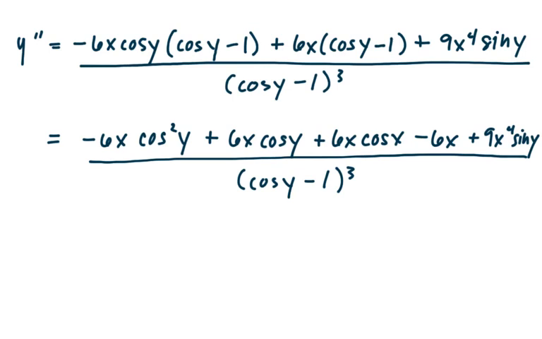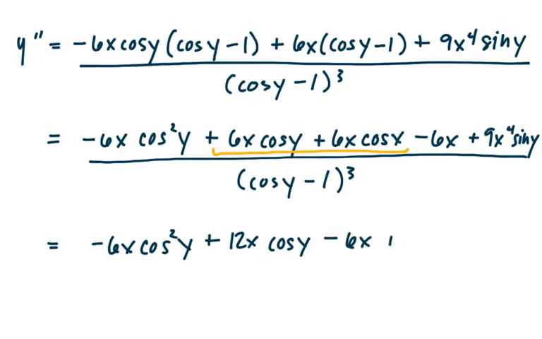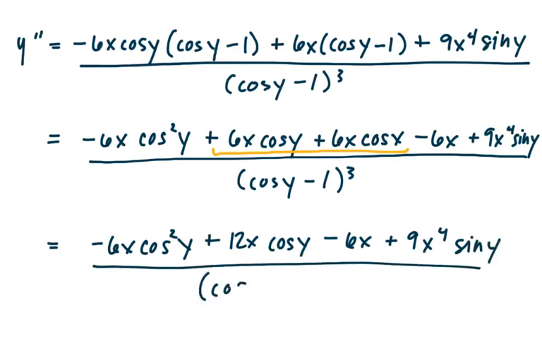And really we just have these 2 terms in here that we can combine, and then I can also factor a GCF out. So simplifying this, I have negative 6x cosine squared y plus 12x cosine y minus 6x plus 9x to the 4th sine y over cosine y minus 1 cubed. So all we did was condense those 2 terms to get that 1 term there in the middle.